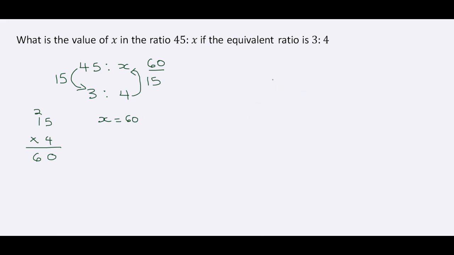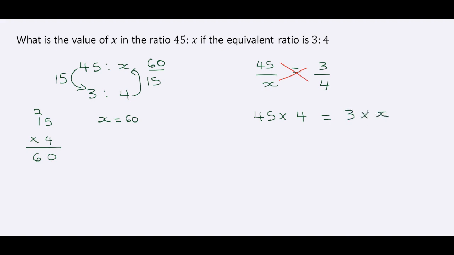Here's another method: 45 over x equal to 3 over 4. Now what we're going to do here is use a cross product, and what that means to us is that we have 45 times 4 is equal to 3 times x.